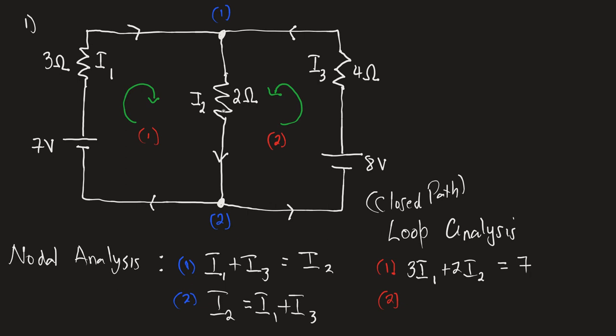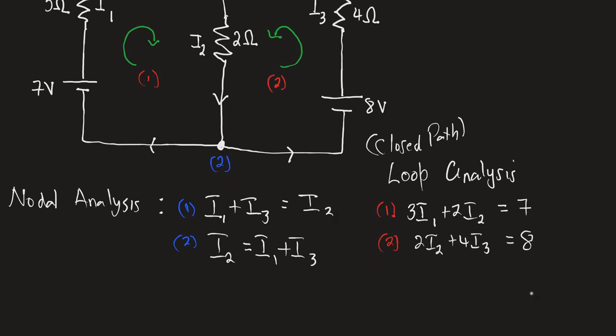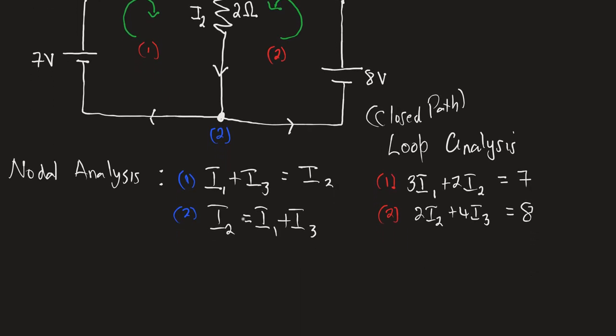So let's say I start with the I2. So I'll have 2I2 plus 4I3. That has to be equal to my voltage of 8 volts. Right? And there we go. There are the three equations that we need, right?